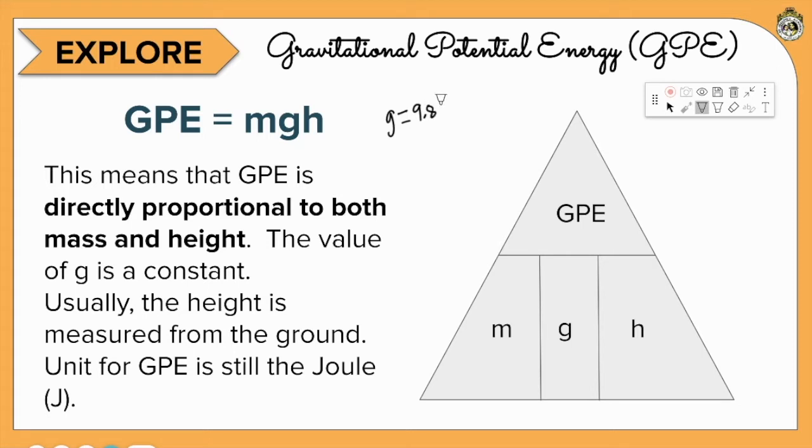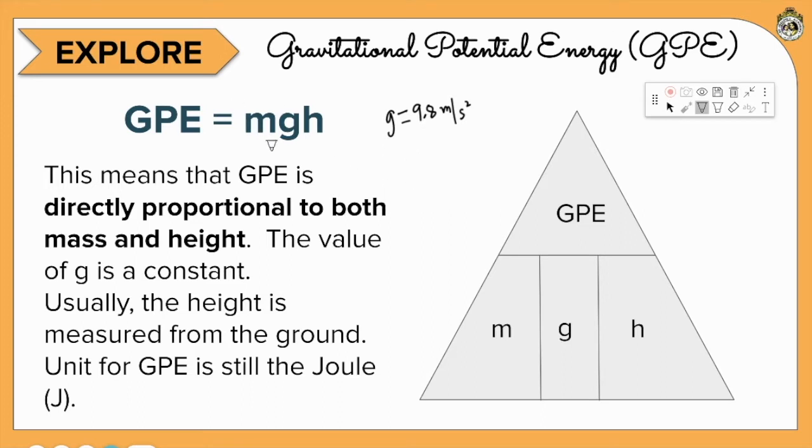It's 9.8 meters per second squared. If you look at other books, this value might be different. It might be rounded off to 10, or in high school, we normally use two decimal places, so this will be 9.81 meters per second squared. But for us, we will just be using g equal to 9.8 meters per second squared.